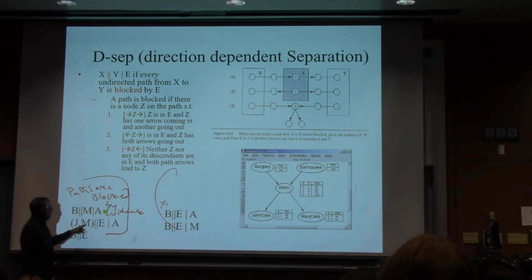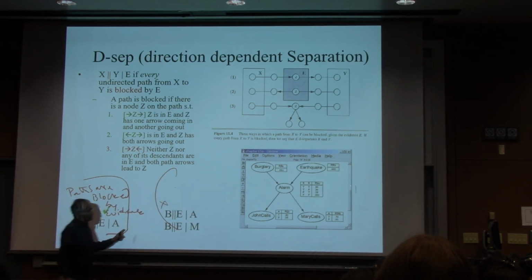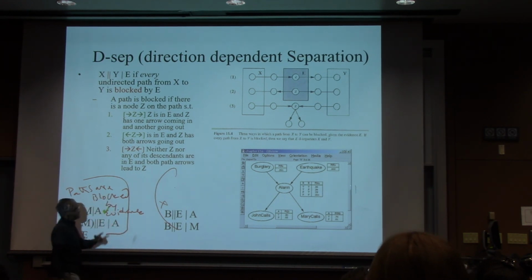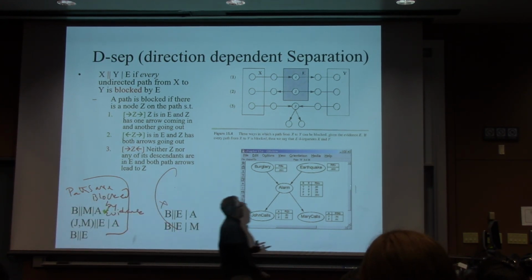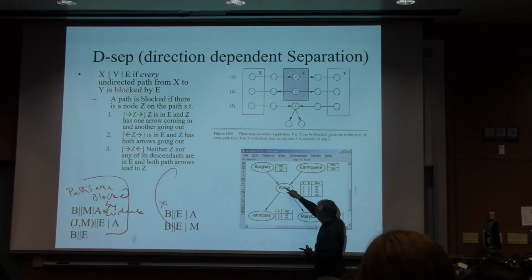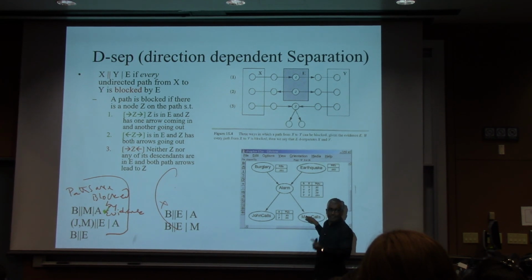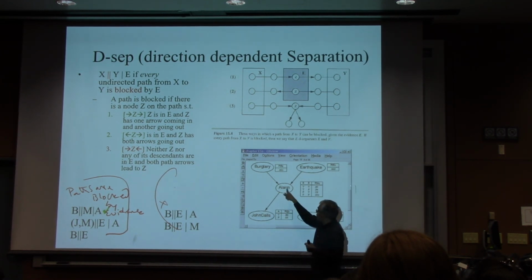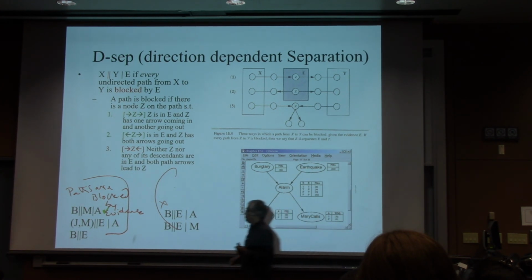And John and Mary given earthquake, and John and Mary independent of earthquake given alarm, it's the same reason. Earthquake is causing alarm, which is causing John to call. And earthquake is causing alarm, which causes Mary to call. When I say cause, it's just the arrow direction. And both of them would be blocked if alarm is given.